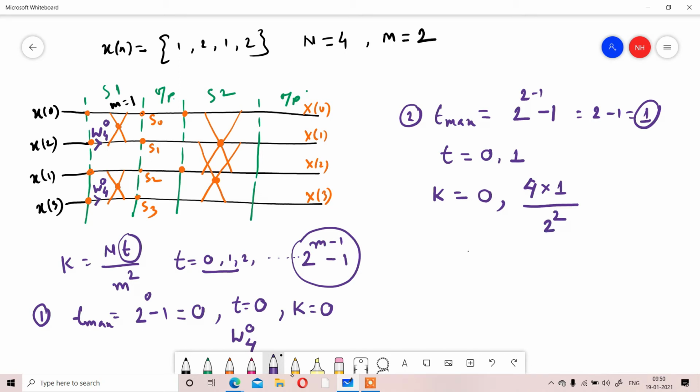So first value 0 and second value 4 by 4, 1. So k values you are getting are 0 and 1. So here you will get your w values, W4 to the power 0 and W4 to the power 1. These are the two w values you are getting.